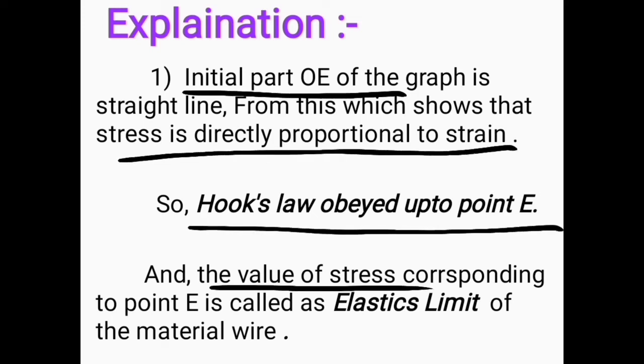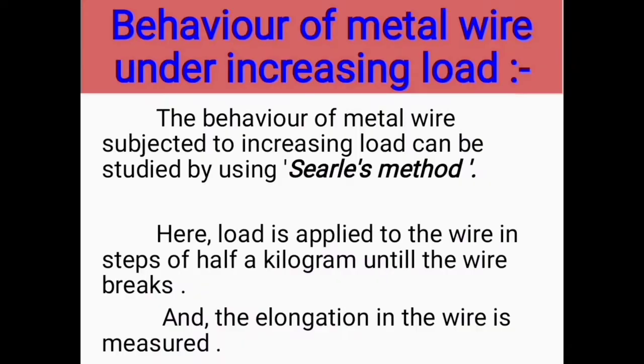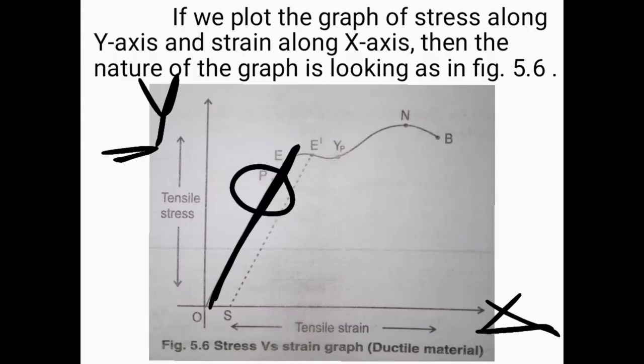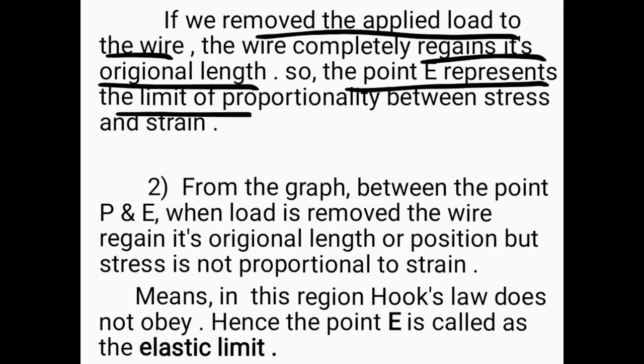The value of stress corresponding to the point E is called the elastic limit of that material wire. A point E जो है वो elastic limit वाला point है and वो जो P point है वो proportionality point है. If we remove the applied load, the wire completely regains its original position or original length. So the point E represents the limiting point of proportionality between stress and strain.